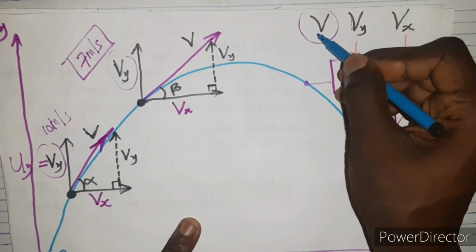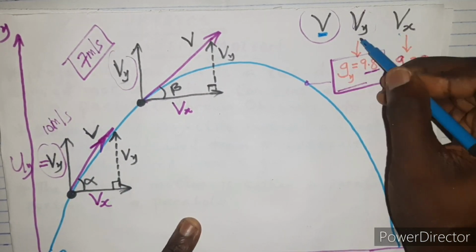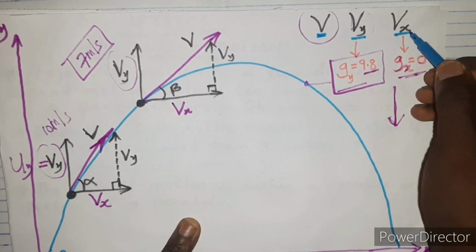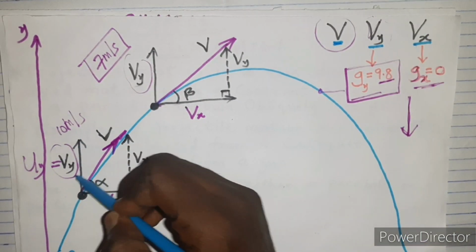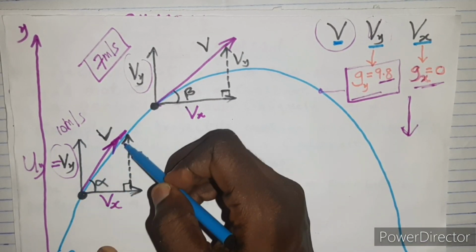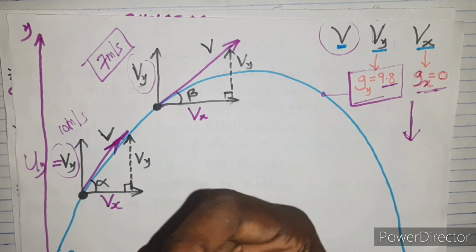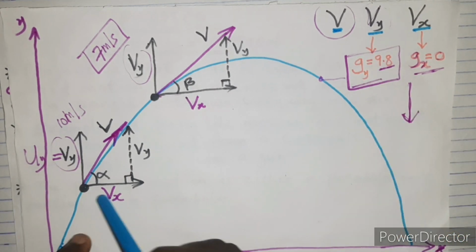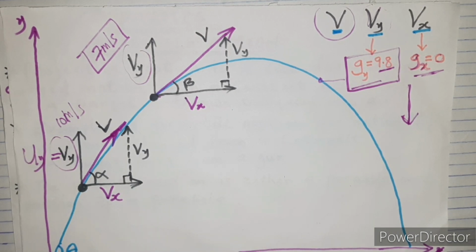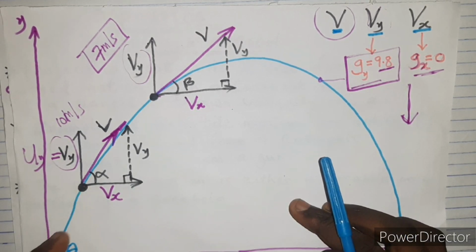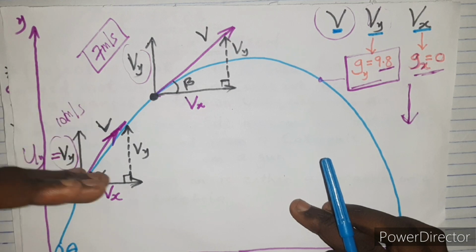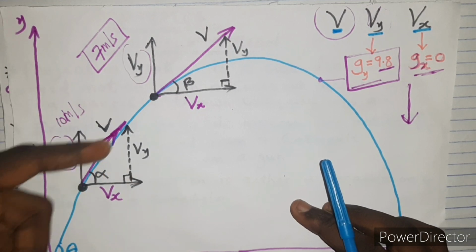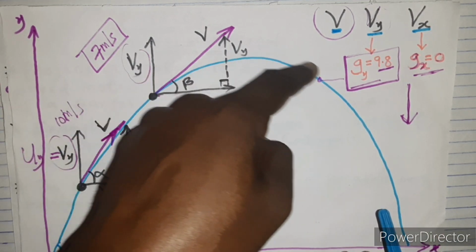And don't forget that this velocity has a vertical component and a horizontal component. Vertical is this way, and you can use any way that is convenient for you to calculate it using your trigonometry. The horizontal component means that as the object is going up, it is moving vertically and horizontally simultaneously along that path.